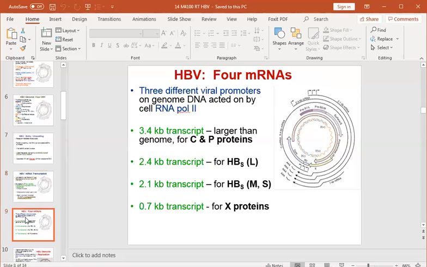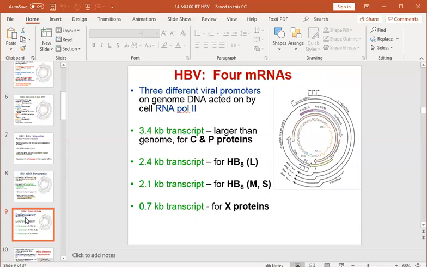Moving to slide number 9, the 4 messenger RNAs of HBV. We have 3 different viral promoters located on the DNA genome that host cell RNA polymerase acts on.